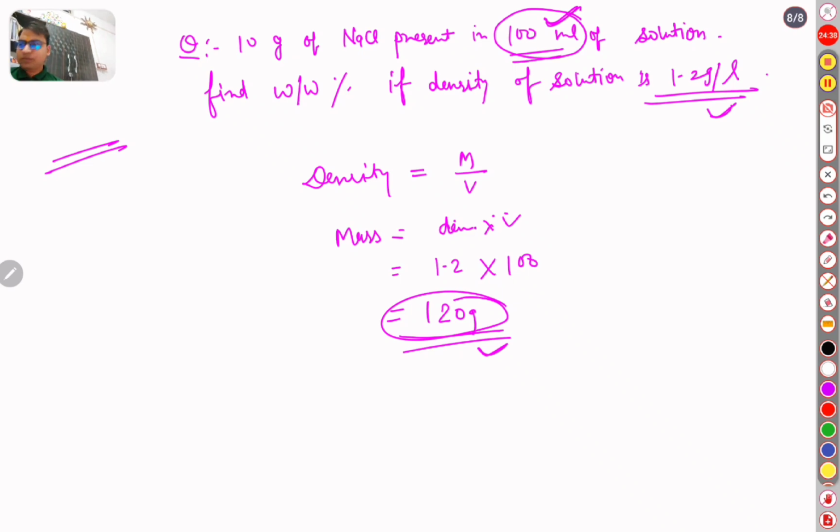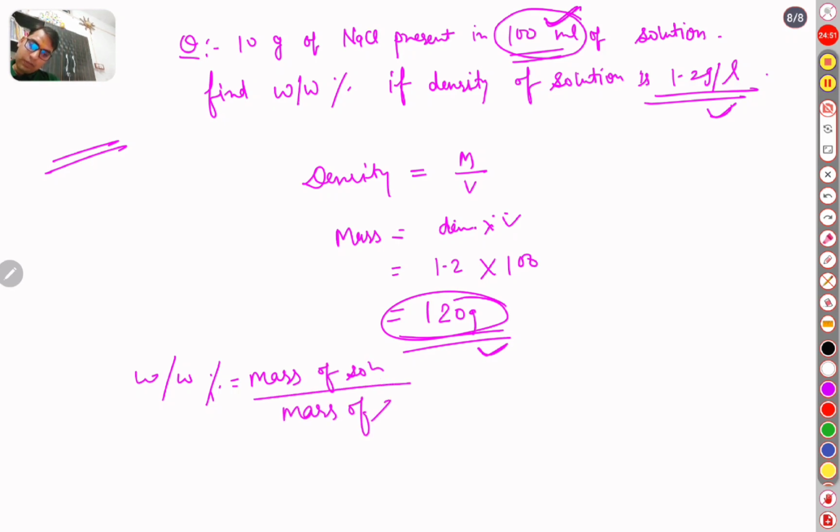Now W by W percentage is mass of solute by mass of solution into 100. Mass of solute is already given, 10. Mass of solution is 120 gram, into 100. Now 100 by 12.